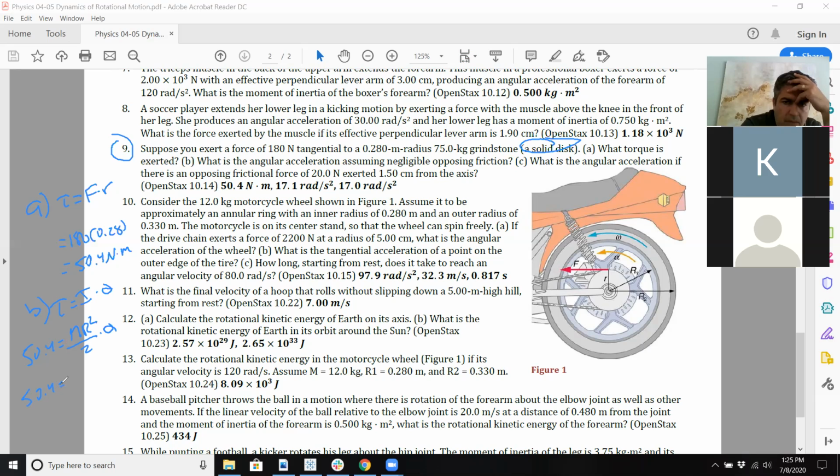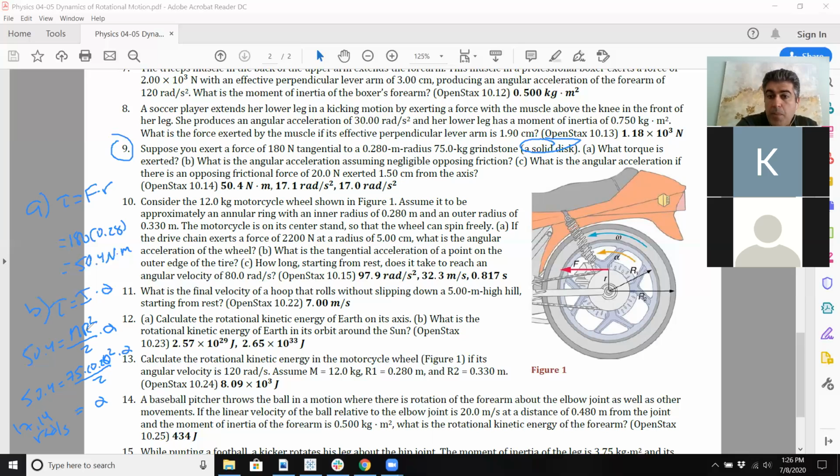The mass of the grindstone is 75 kilograms, and again the radius is 0.28, over 2, times alpha. Just be careful of the algebra here. I multiply 50.4 by 2, divide by 75, and also divide by 0.28 squared. I should get 17.14 rad per second squared, so I feel good about that one.